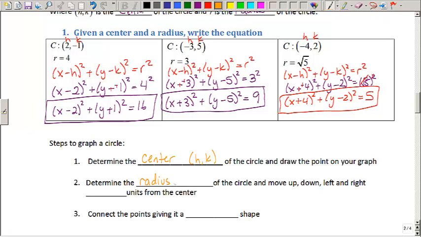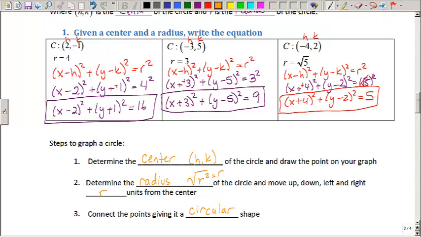If you're not given the radius and you have to find out what the radius is from the equation, you may have to take the square root of the r squared term in order to find r. Next, I'd like you to move up, down, left, and right r units from the center. Then I would like you to connect the points, giving it a circular shape.